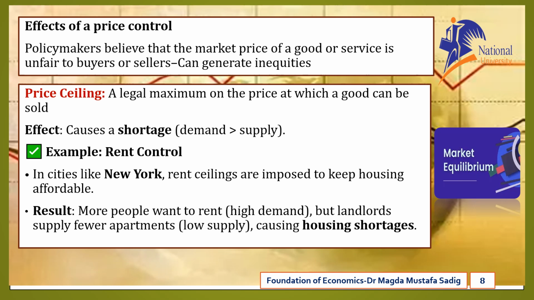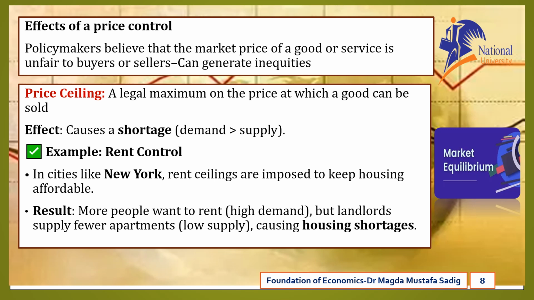We will also explore the concept of market equilibrium and analyze what happens when policymakers intervene by imposing a price ceiling, using a real-world example like rent control in major cities such as Khartoum or Cairo.